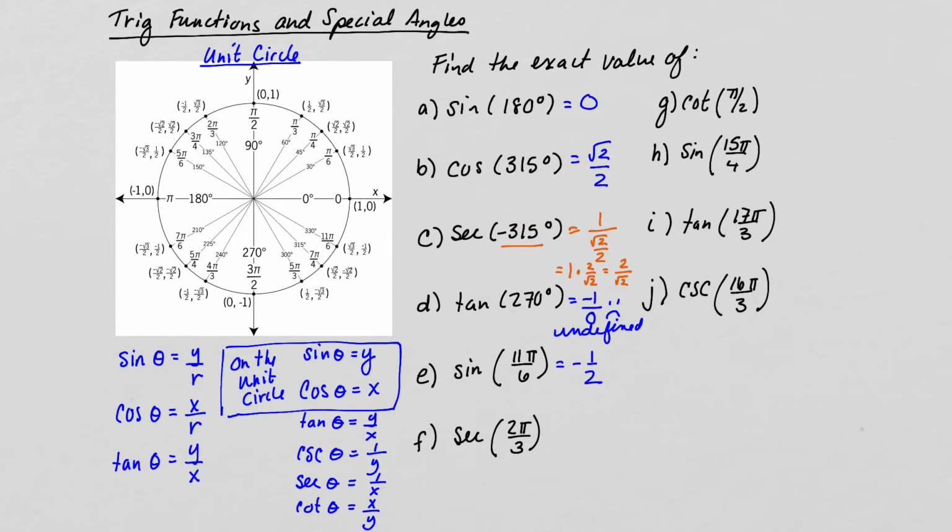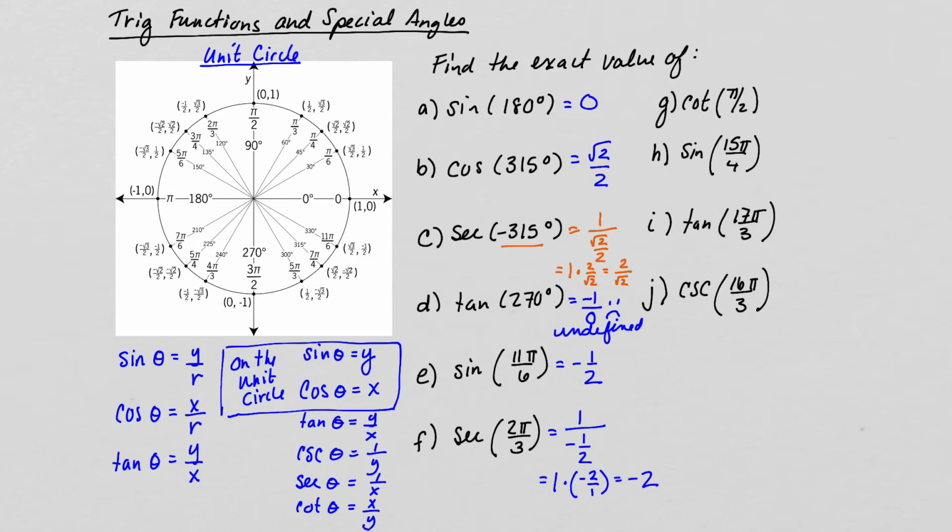So the secant of 2 pi over 3 is going to be 1 over the x value, which is minus 1/2. So 1 over minus 1/2. And again, keep, change, flip. Keep, multiply, times negative 2 over 1. So it's just going to turn out to be negative 2.